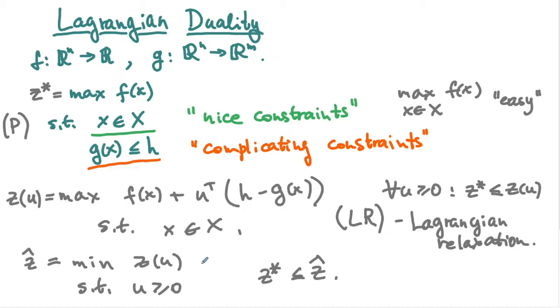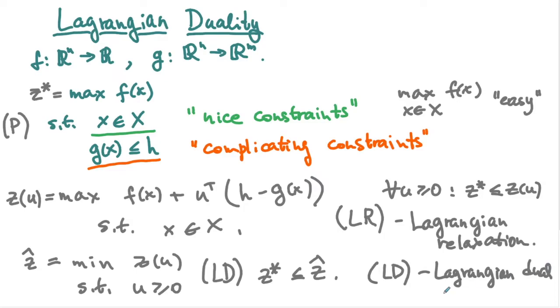So we'll call this problem right here of minimizing z of u the Lagrangian dual of our problem P. So LD is the Lagrangian dual of the problem P.